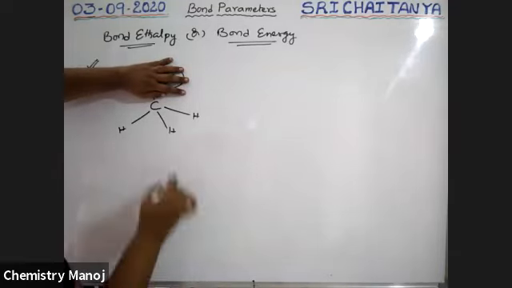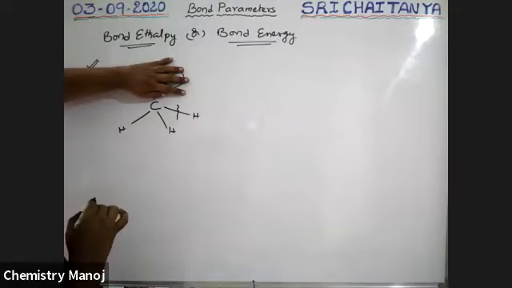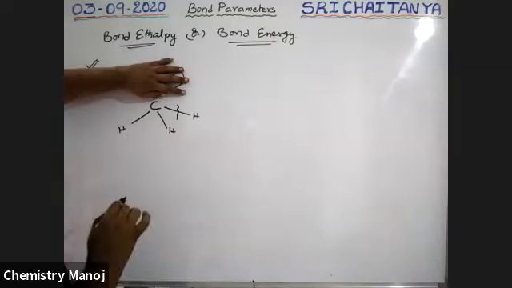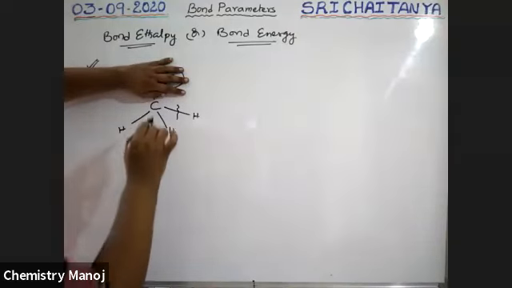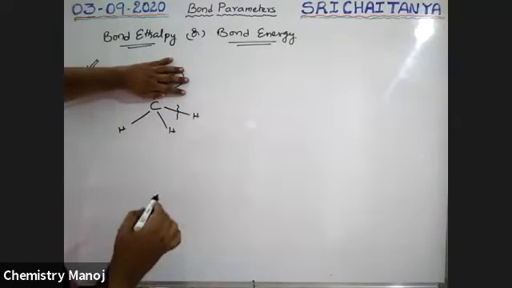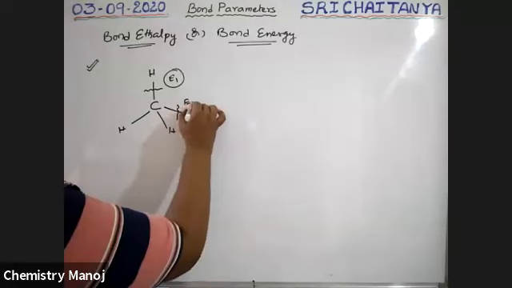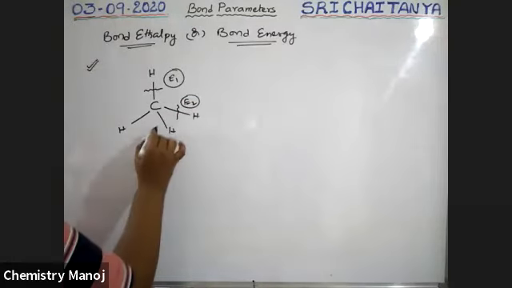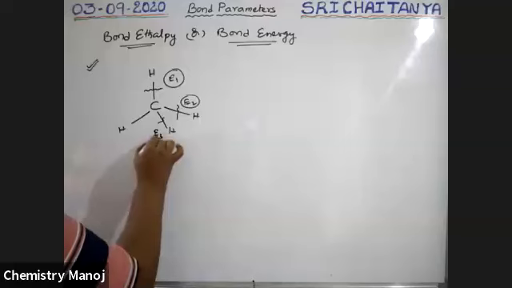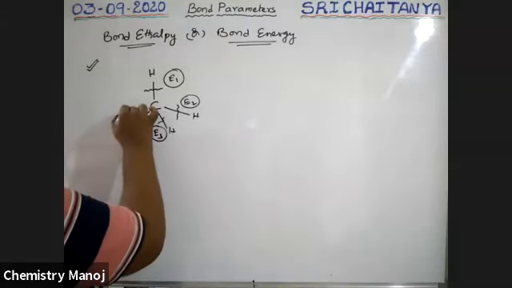So in CH3, one more C-H bond is going to break. That means the environment has changed, boys. In the previous CH4 we tested; now it is CH3. So the same type of bond is going to break, and E2 energy is required. Now for CH2, E3 energy is required. The last one is E4 energy.